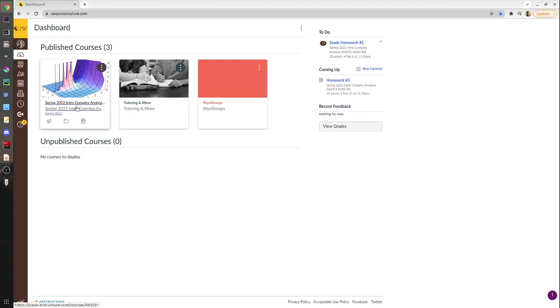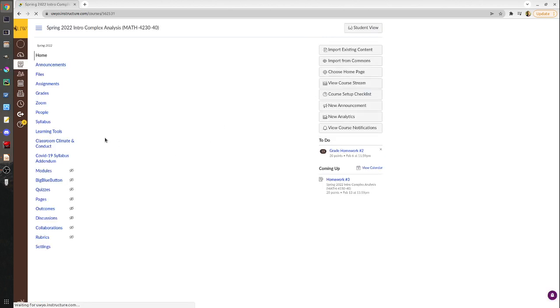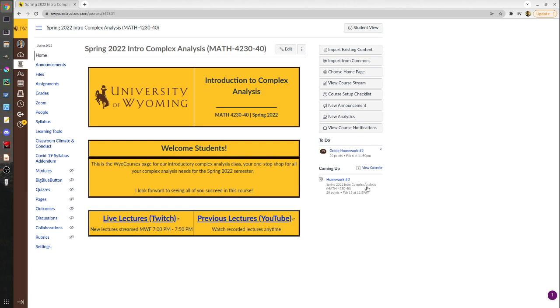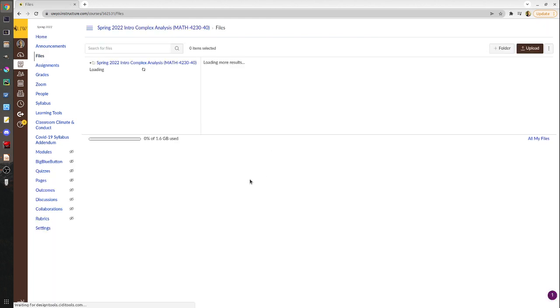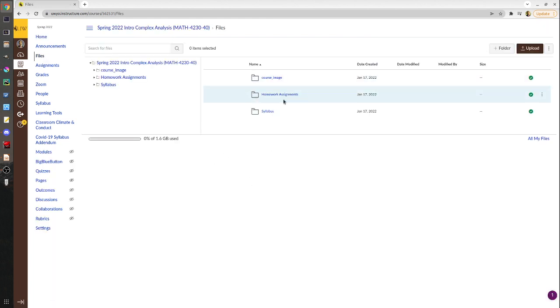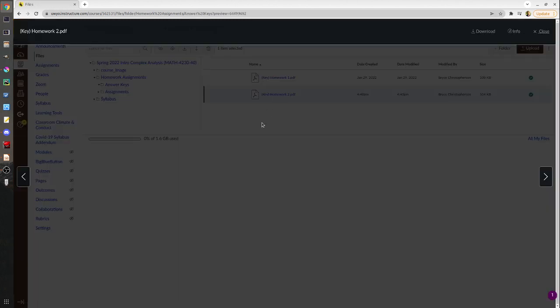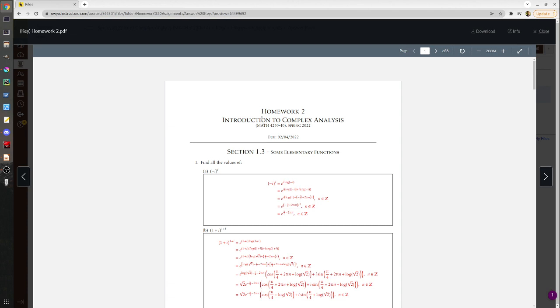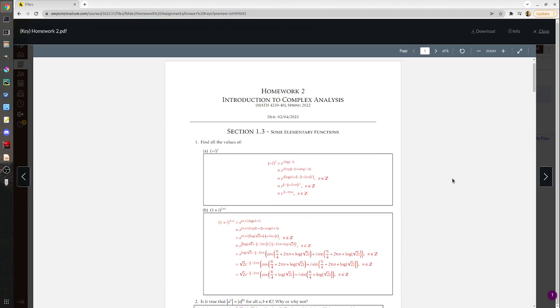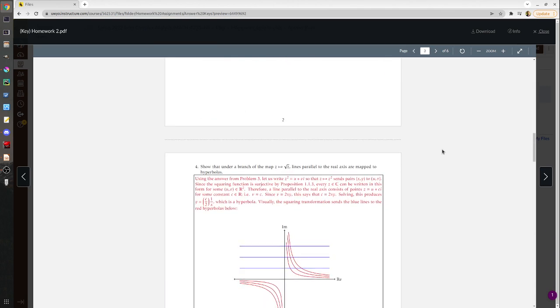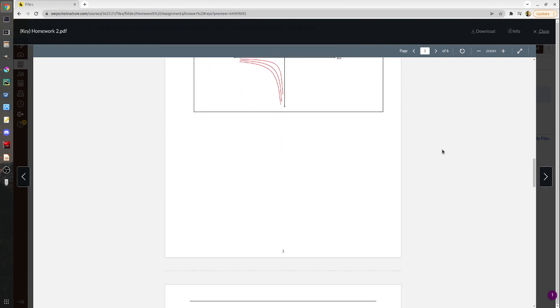If we go to our class WIO courses page, one thing to notice is that in the files section or in the assignment section, you can find the key for homework 2. It's right in there. If you didn't notice, the key for homework 1 is also there. It's been there for a little bit.